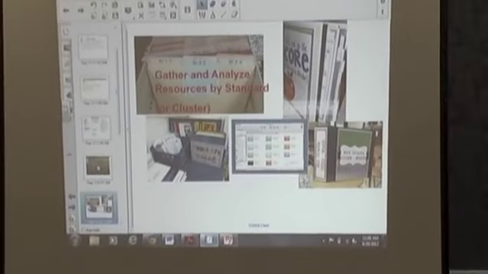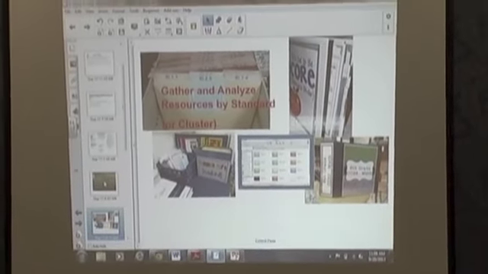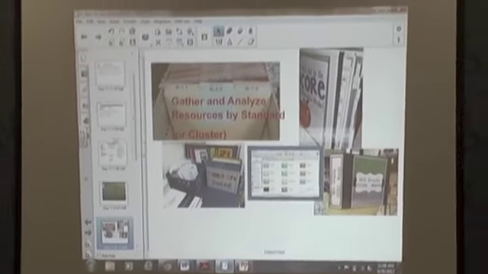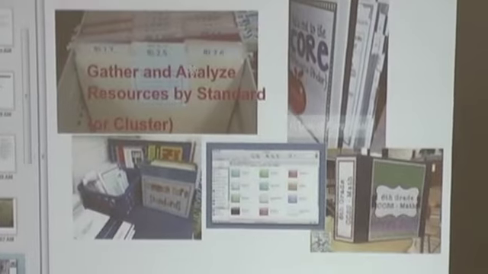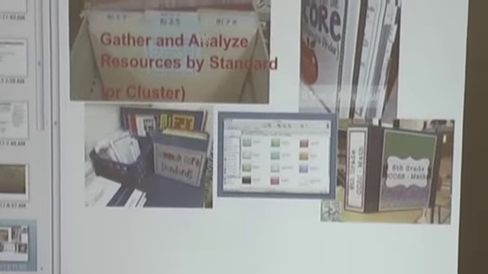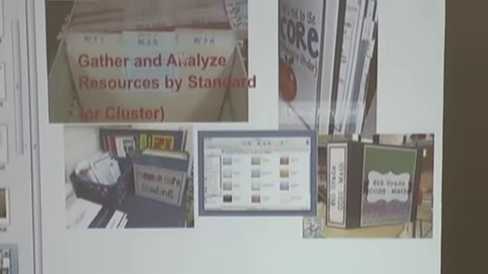And then one of our 6th grade teachers, she's so organized. This is not a picture of hers, but hers looks similar to this. She did file folders. So I Googled Common Core binders and file folders, and these are pictures that I found. This is a process that we're starting now.